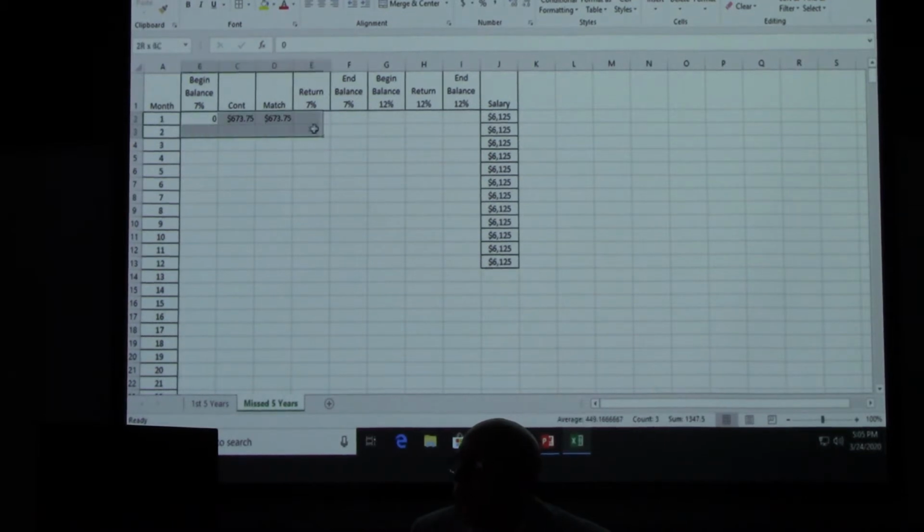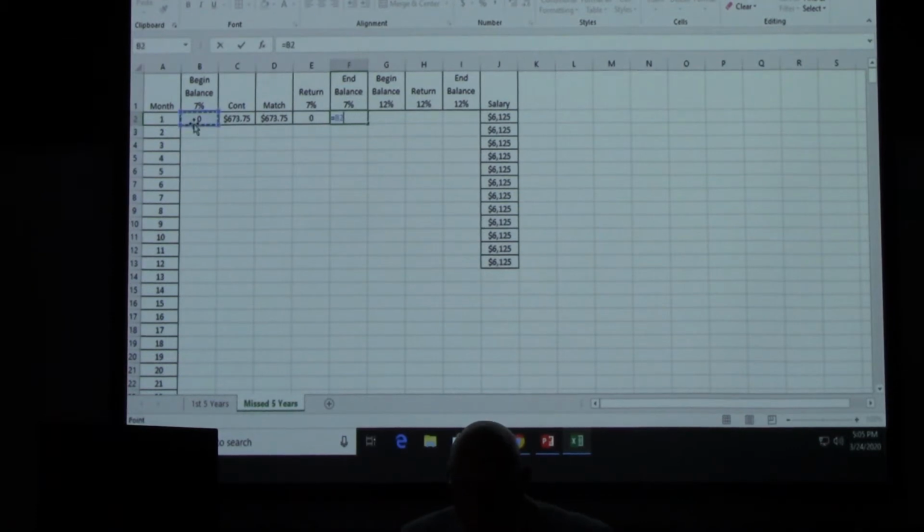And so this is going to be 0 here, and this will be the beginning balance plus the contribution plus the match plus the return of E2.